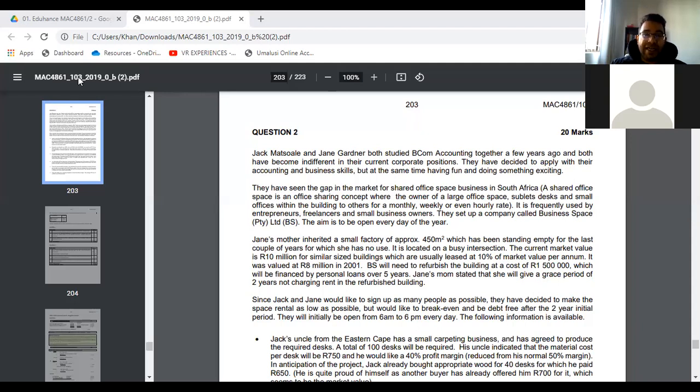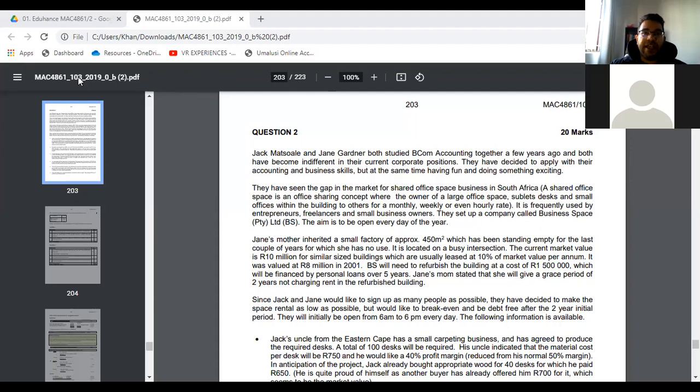Remember, up until 2017, cost accounting was done in the first half of the year and financial management was done in the second half. From 2018, they switched it around, starting with financial management and ending off with cost accounting.